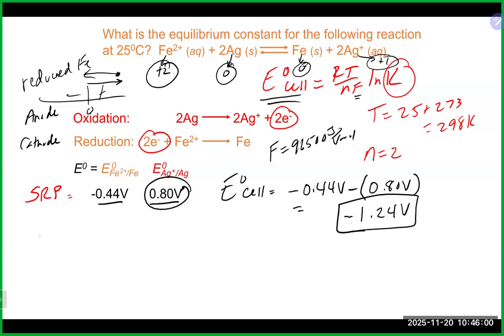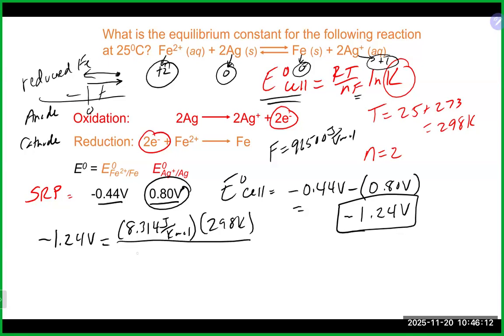So if we pop in there, negative 1.24 volts is equal to, again, 8.314 joules per Kelvin per mole, our temperature of 298 Kelvin, divided by our n, which is 2 moles in this case, and our 96,500 joules per volt per mole. And that's going to give us the natural log of K.